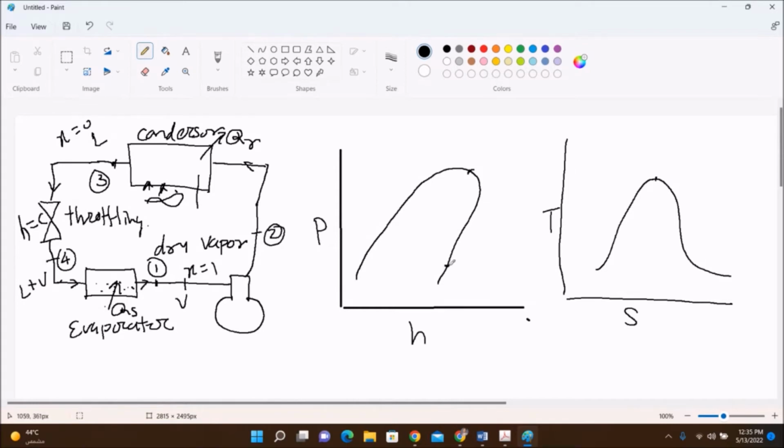So x equal to 1 means on this, and this is the evaporator pressure. Then point 1 is here. Okay, so the condition of the refrigerant is a dry vapor.